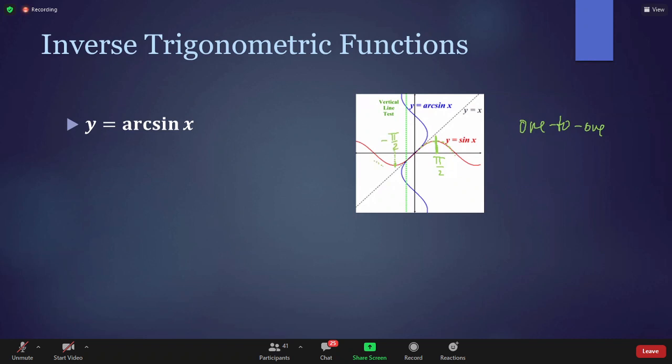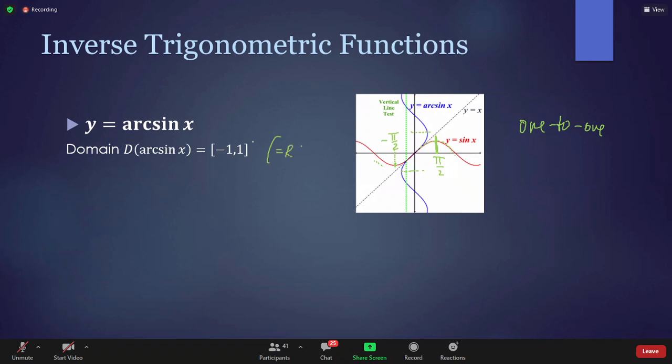And that means the symmetrical graph, of the inverse sine function, has to be cut off symmetrically in the y-axis. As a result, we see, first of all, the domain of the arcsine function is the same as the range of the sine function.